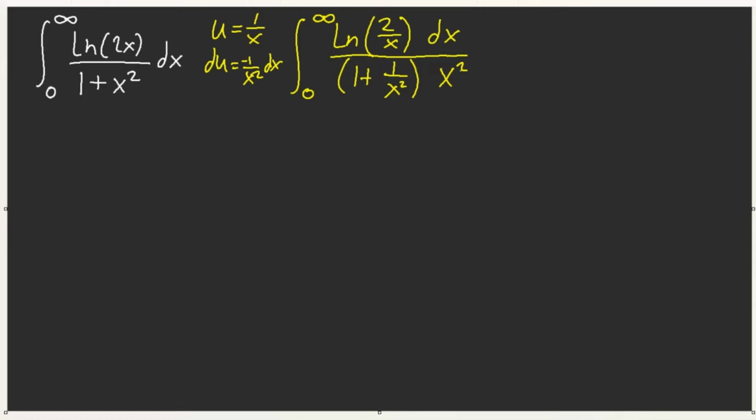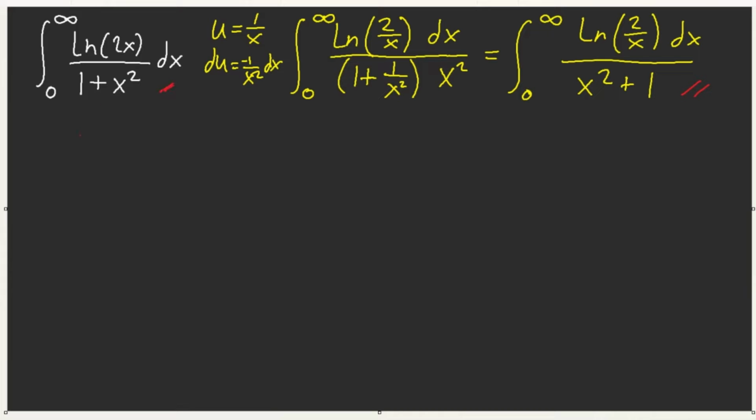We have the 1 over x squared. So don't forget about that x squared that we have to add at the bottom. And with this x squared, this makes the denominator neutral. In other words, we have our denominator back.